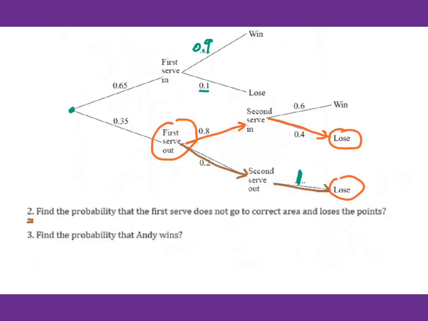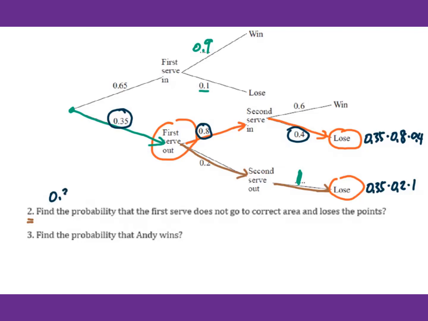Both will go through this line. Therefore, for the probability you multiply these 3 to get this line. That is 0.35 times 0.8 times 0.4. For this line, you do 0.35 times 0.2 times 1. You add them together, that's for number 2.